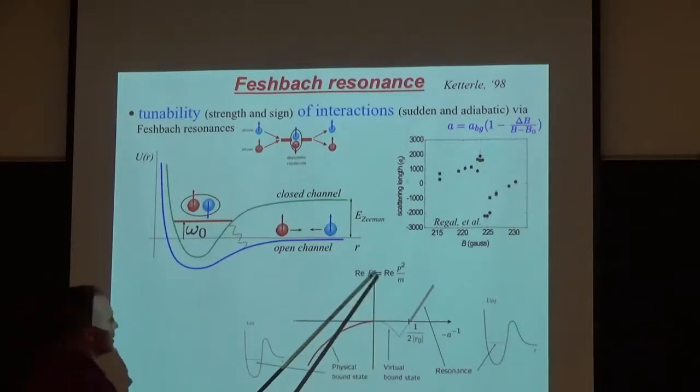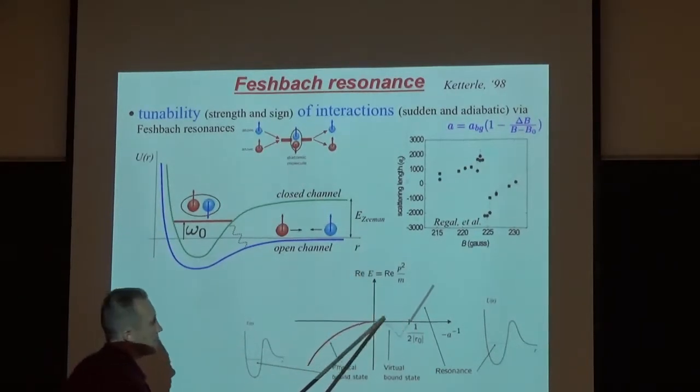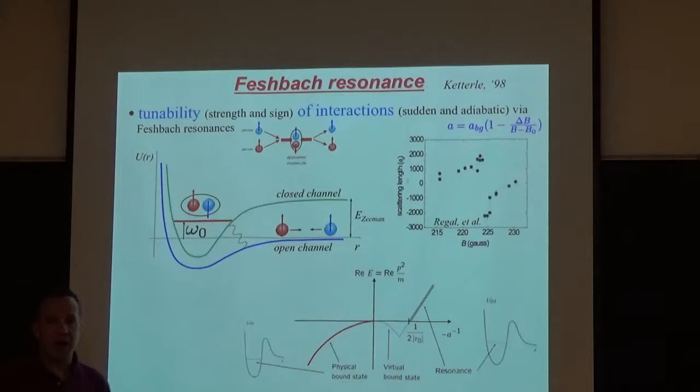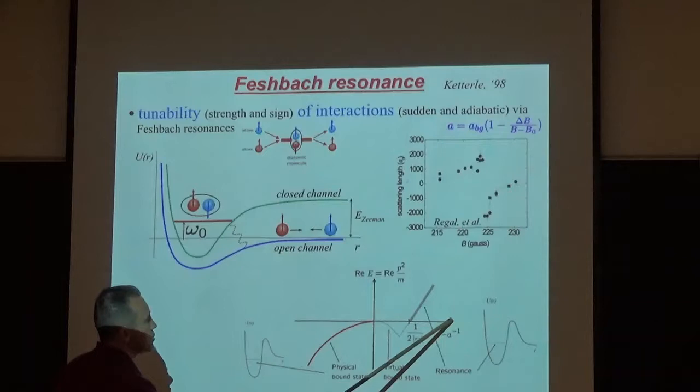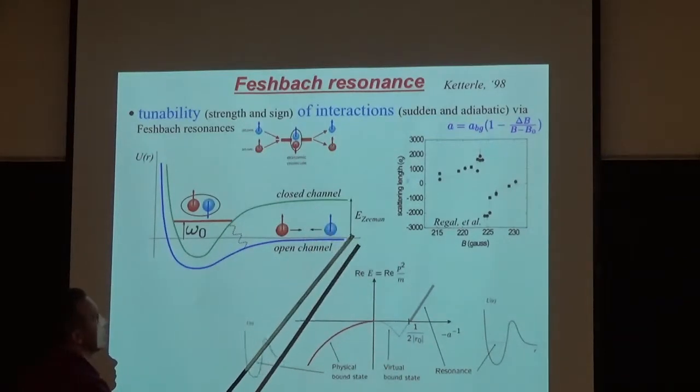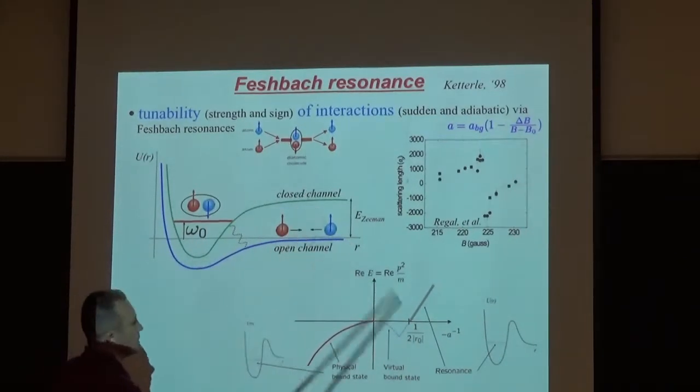So let's plot this real part of the energy as a function of minus 1 over the scattering length. So what you see is, when the scattering length is positive, it's just a convention, we put minus 1 over a. So that means when you're in this regime, you're over here on the positive axis.